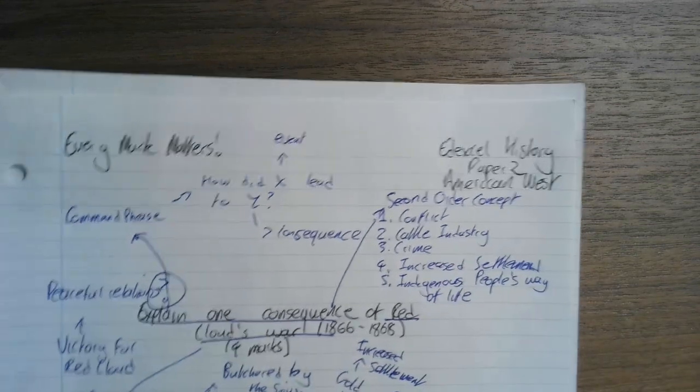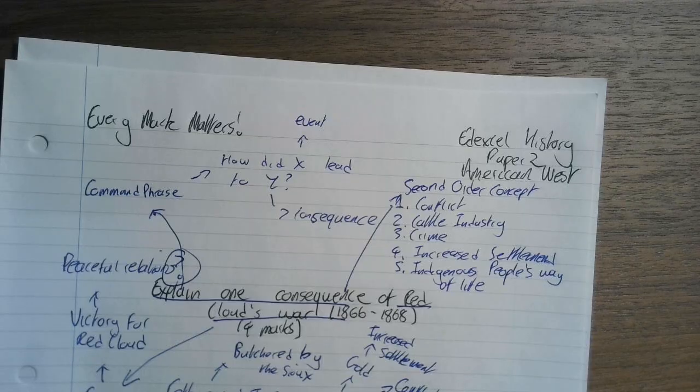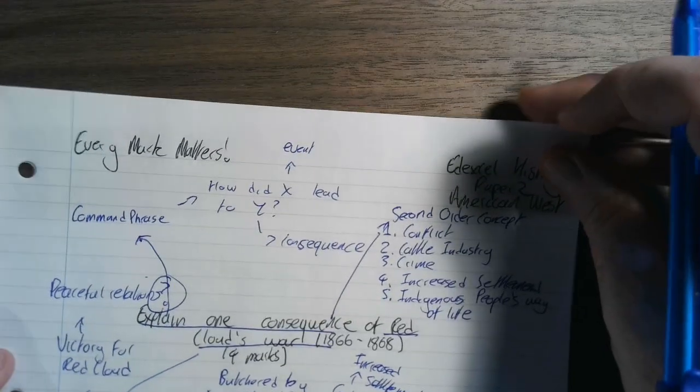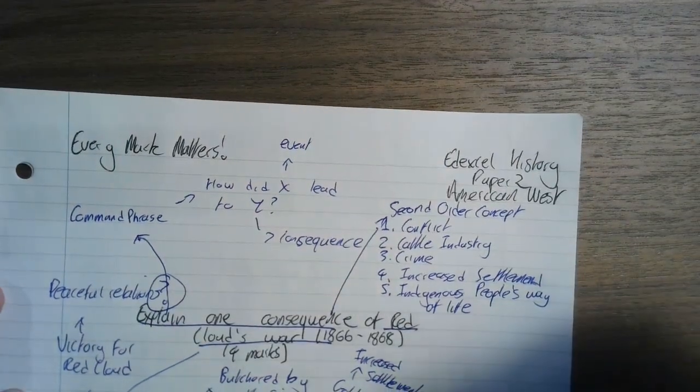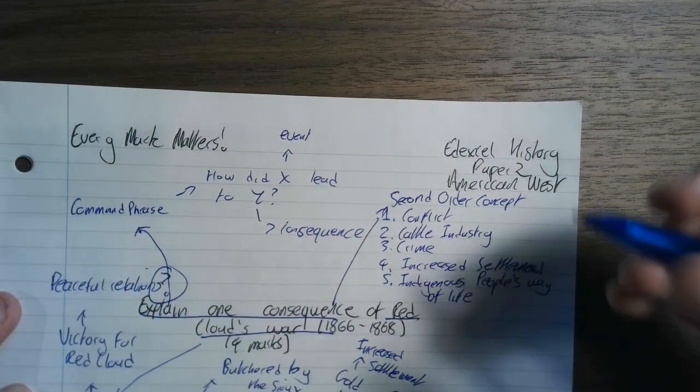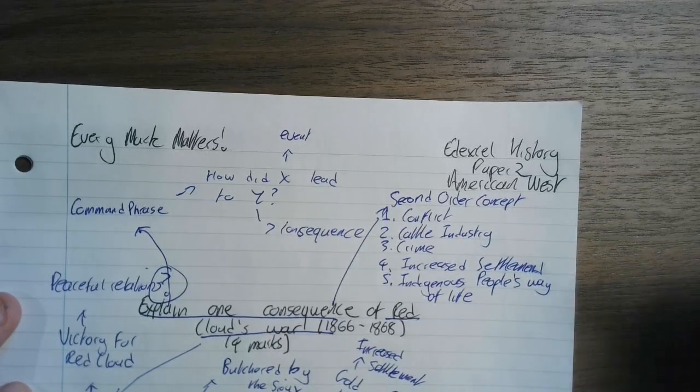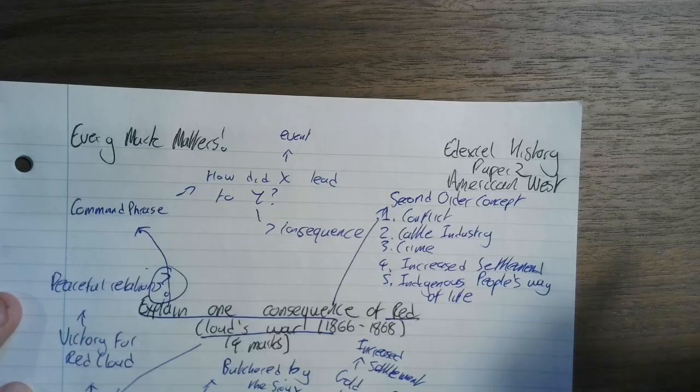So you need to think, which of these consequences are relevant to this question? Let's just start at the top and maybe tick them off. Rather than writing them all out, unless you want to, consider which of these is the most relevant. And I'll leave you to work it out.